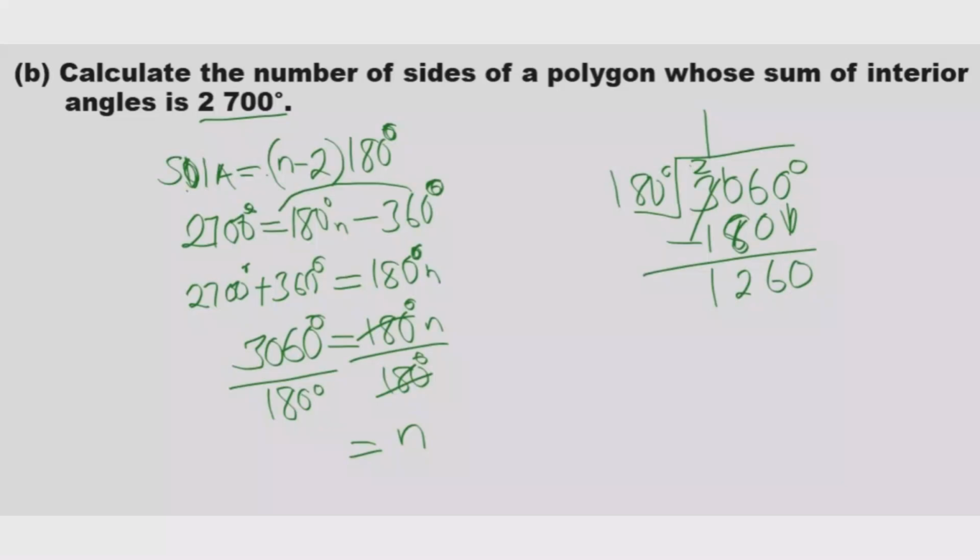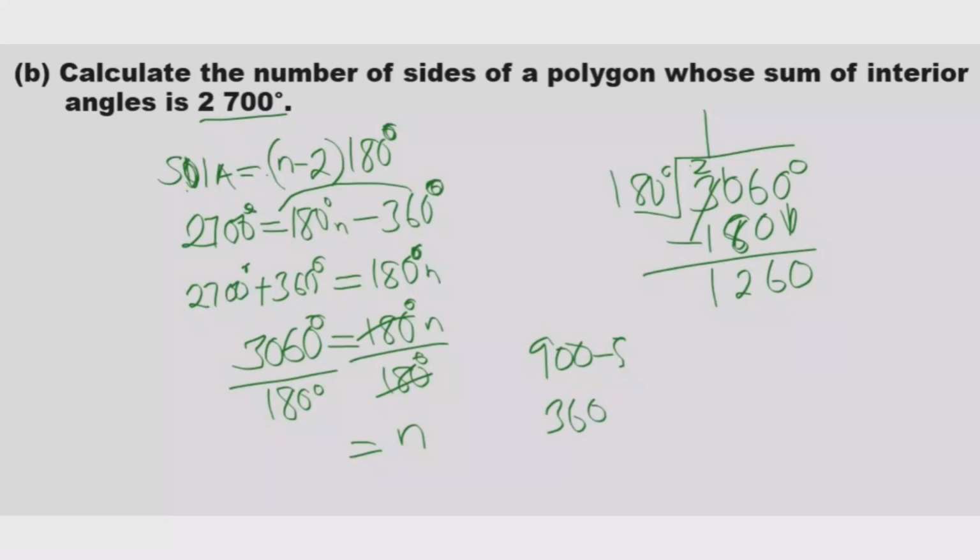1260? If we talk about 5 times 180 going into it, it will give us 900. So 180 will go 5 times into 900. Then when we subtract that, we are going to remain with 360.